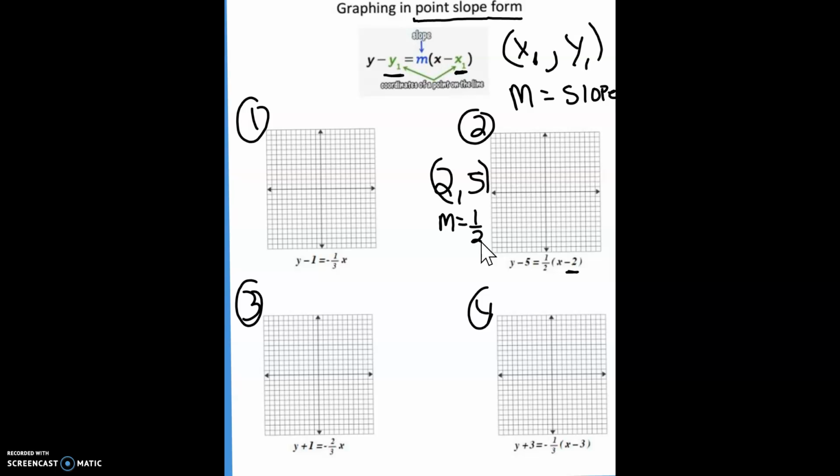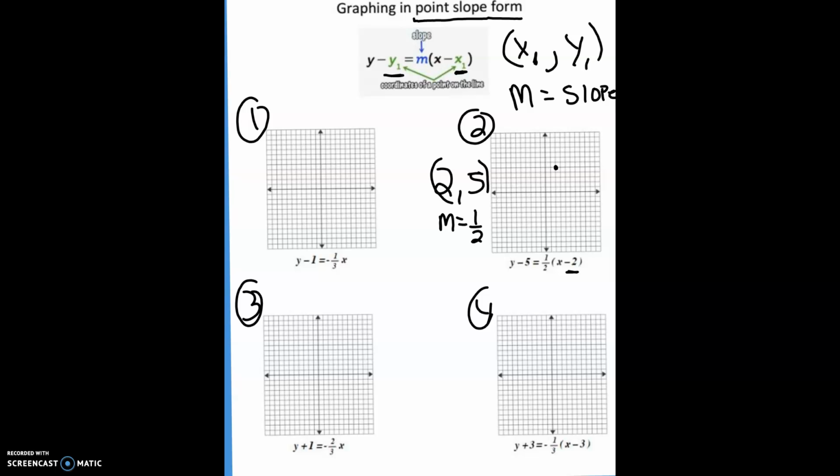So if you remember on the last form, we always started on the y-intercept. Here we are going to start at 2, 5. So here's the origin. So we'll go 1, 2, 1, 2, 3, 4, 5. I just made a mark there.